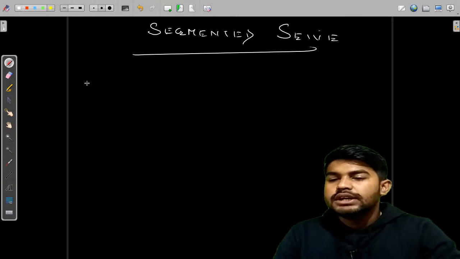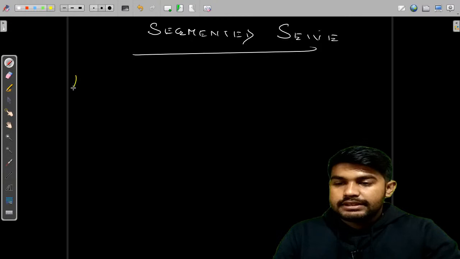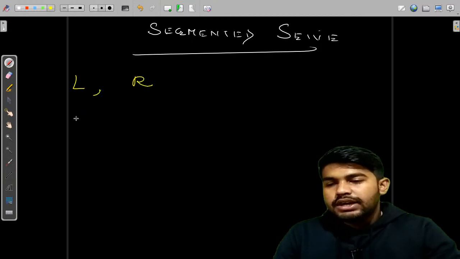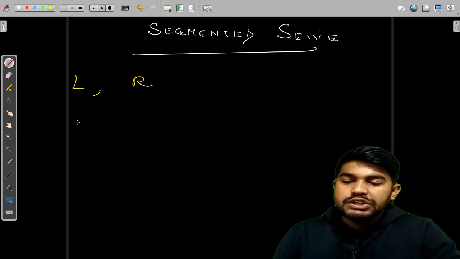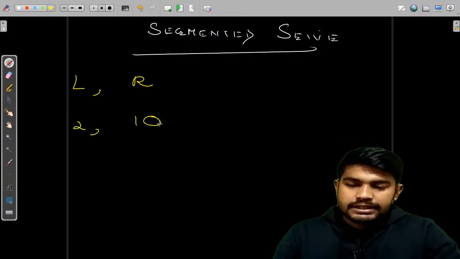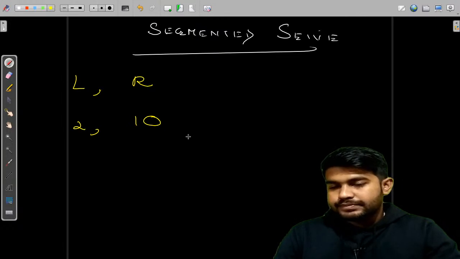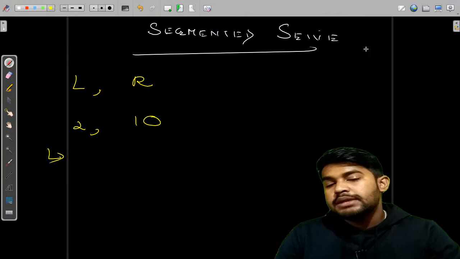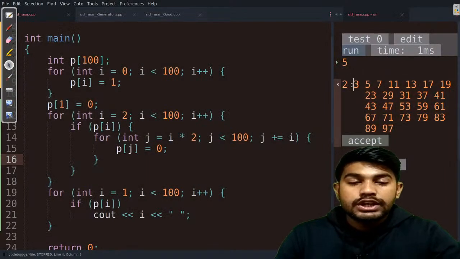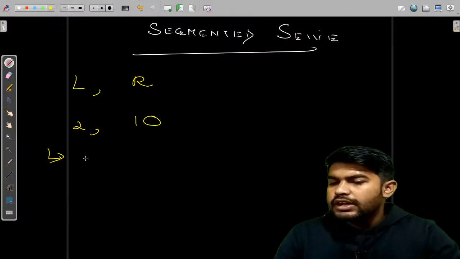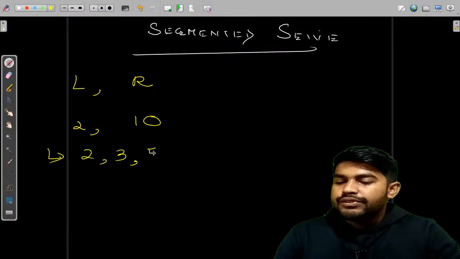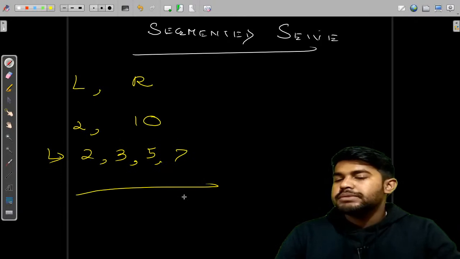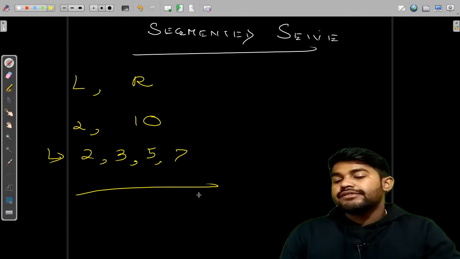Now suppose you are given a value L and R. The same way, suppose you are given the values 2 and 10, and you need to tell all the prime numbers that lie within this range. So all the prime numbers that lie within this range are 2, 3, 5 and 7.